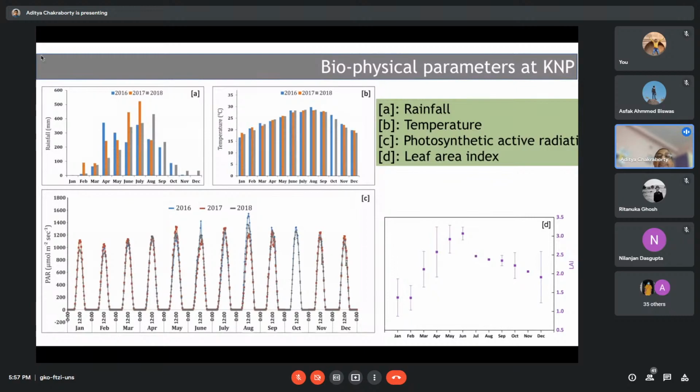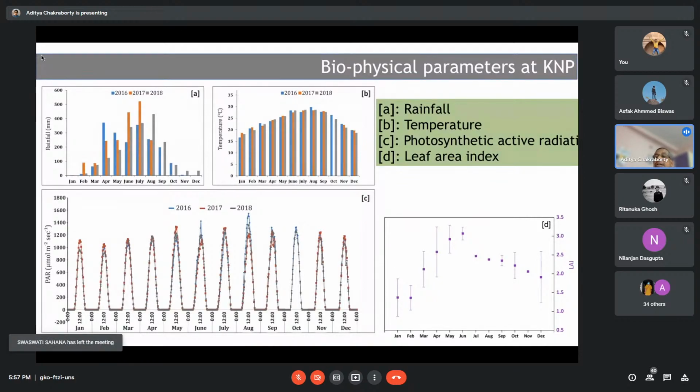The other parameters show temperature, and PAR, the photosynthetic active radiation, which is the radiation component in which photosynthesis is maximum. These are the environmental parameters which control the photosynthetic process.